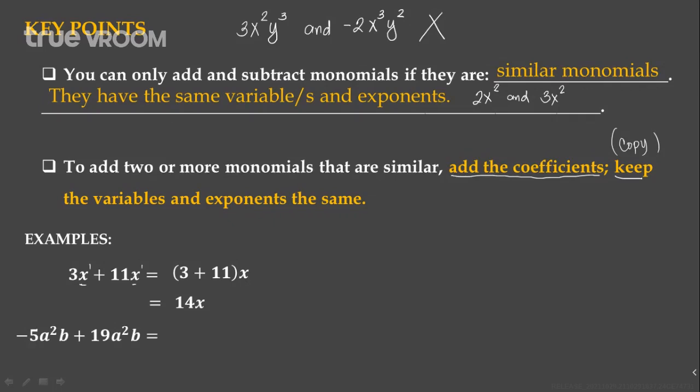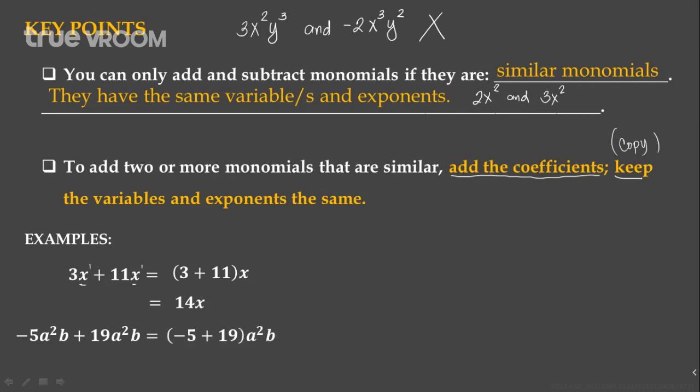Another example. We have negative 5a squared b plus 19a squared b. They are similar because we have a squared b, a squared b. Following the rules in adding monomials, add the coefficients.